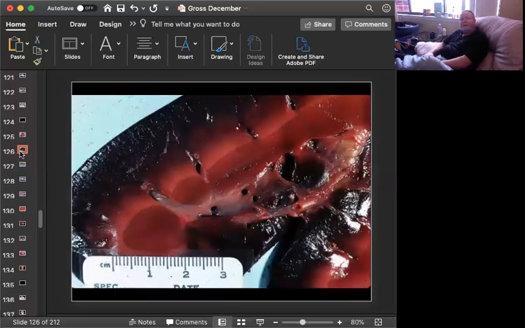Slide number 2 is tissue from a horse. Can you give me a morphologic diagnosis and a cause? Okay, time's up. This is a great lesion, and we've all seen horse kidneys, and the cortex is way too dark.